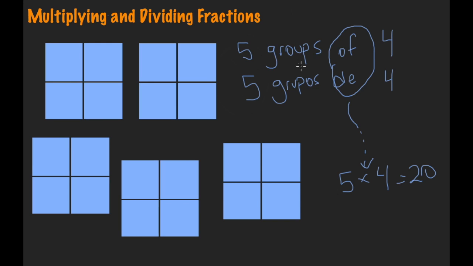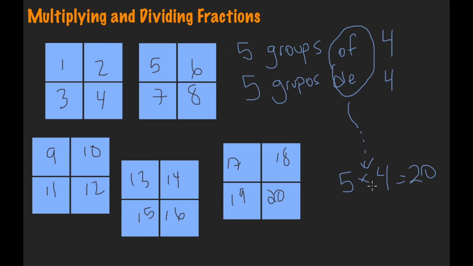When we say 5 groups of 4, or in other words, 5 grupos de 4, what we're saying is 5 times 4. So I want you to make this connection between the word "of," or the word "de," and multiplication. And just to make sure that we are correct, let's count. There we go. 5 times 4 equals 20.